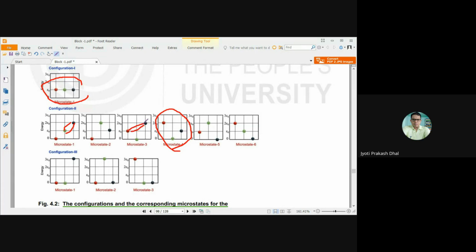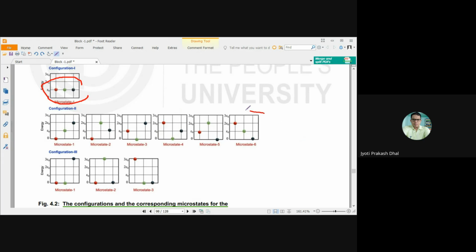Green will be placed in 0 energy level, blue will be placed in epsilon 0 energy level, and red will be placed in 2 epsilon 0 energy level. For the fifth microstate, blue will be placed in 0 energy level, red will be placed in epsilon 0 energy level, and green will be placed in 2 epsilon 0 energy level. And for the sixth microstate, these two will exchange. So here for configuration 2 we will get the 6 microstates like this.